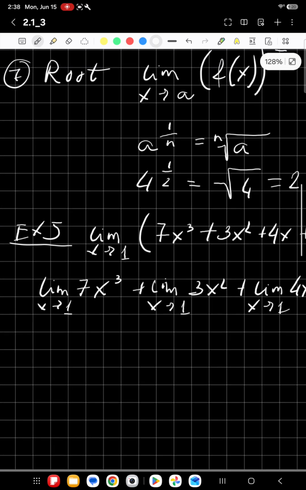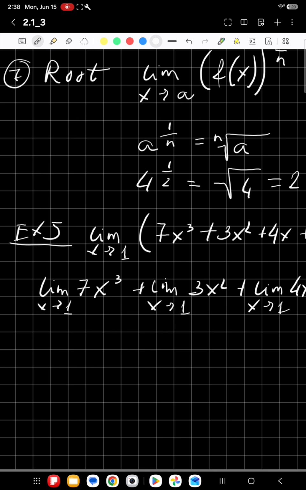Alright, so first I'll take all those constants out. So 7 will go here, 3 there, 4 there. And the limit of 2 is just 2.